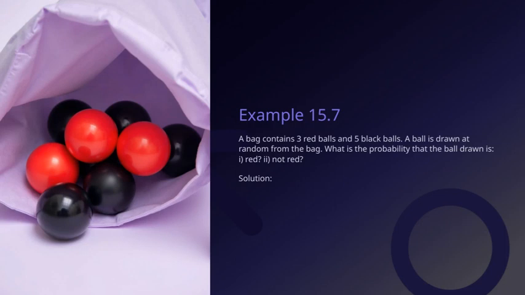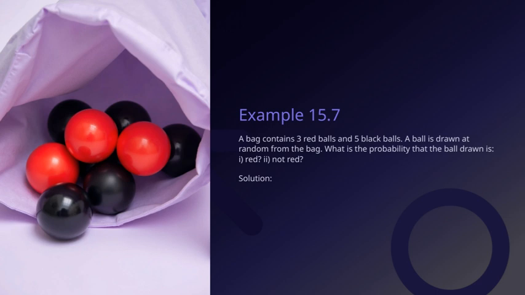All right, let's walk through this example. We have a bag with 3 red balls and 5 black balls, so a total of 8 balls. The question is about finding the probability of drawing a ball of a certain color. First, for the red ball, we look at how many red balls there are, 3, and how many total balls, 8. So the probability of drawing a red ball is simply 3 divided by 8. Next, for the second part, we want the probability of drawing a ball that is not red.